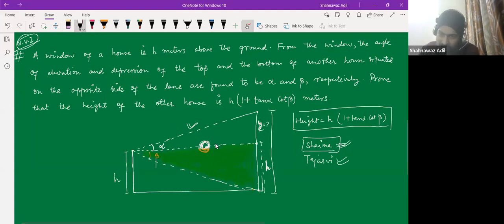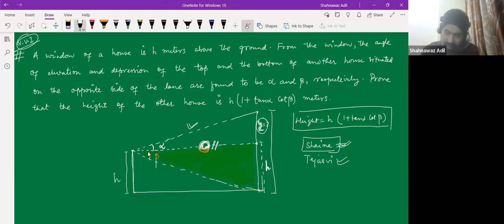If we calculate this side, then from this angle and this side, we can use trigonometry and calculate this y. So our primary goal is to calculate y, but the secondary goal is to calculate this side, right?